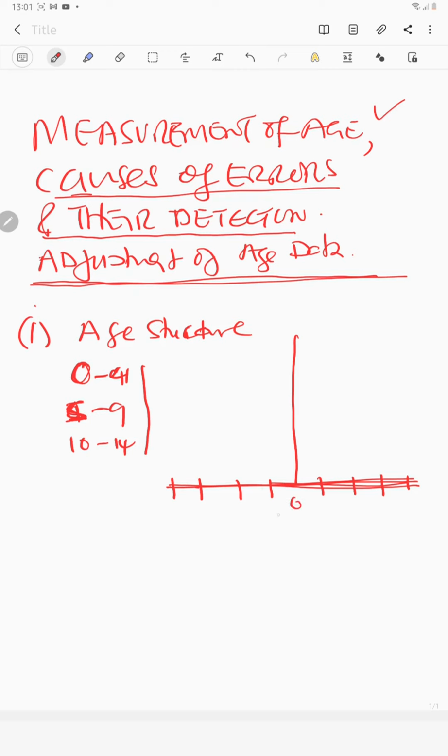We can have a 0 here, 5, 10, 15, and 20, and 5, 10, 15, 20 on the other side. So let's assume this is the size of the population, on a scale of maybe 1 million. So this is 5 million, 10 million, 15 million, 20 million.